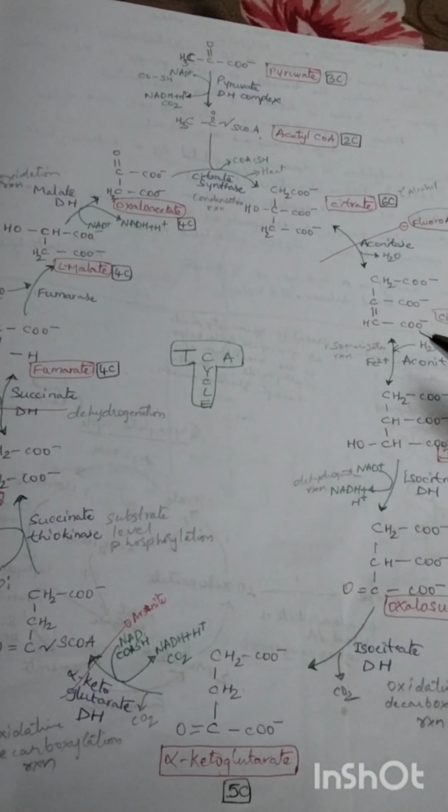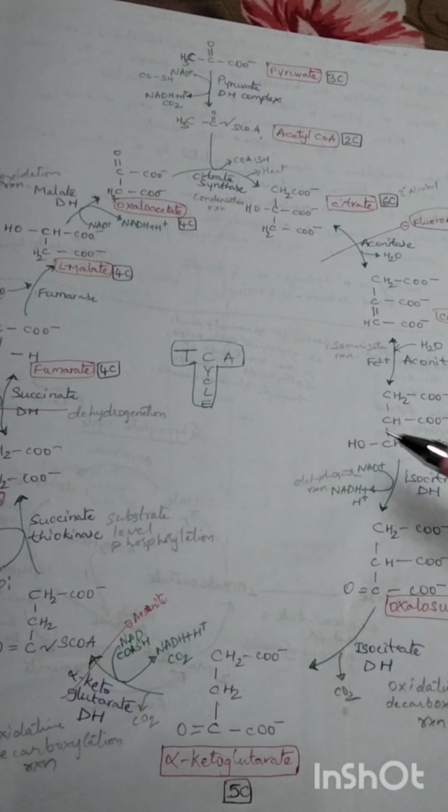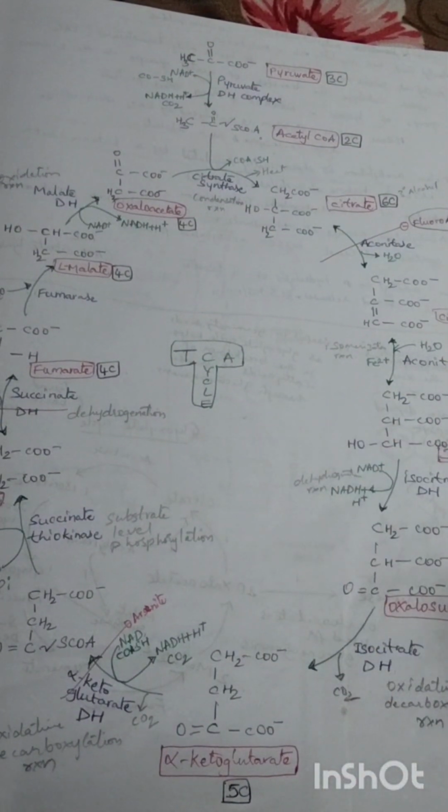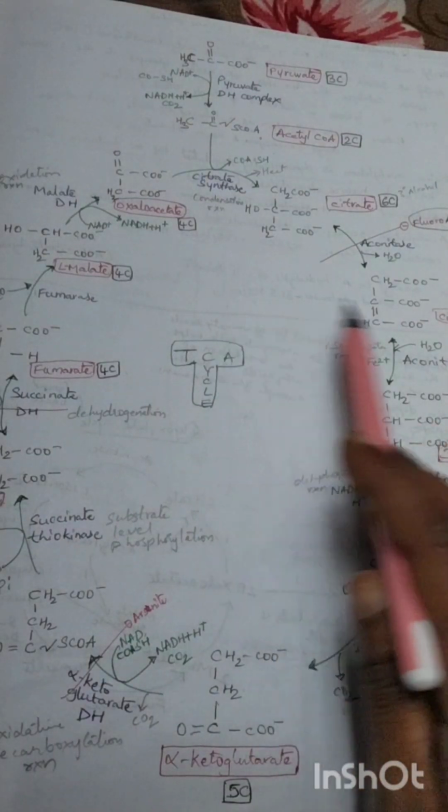Now let us see the energetics of the TCA cycle. Overall, 3 NADH, 1 FADH2 and 1 molecule of GTP are produced from one round of the TCA cycle.